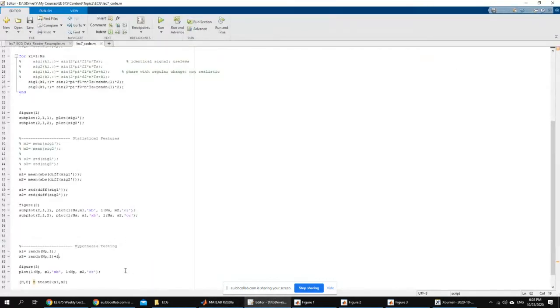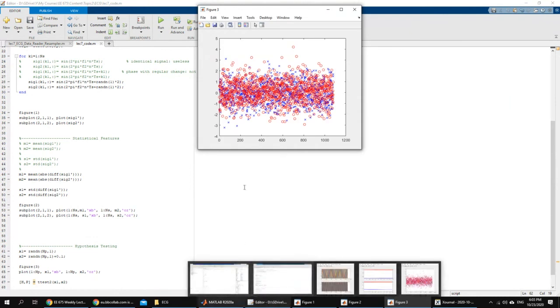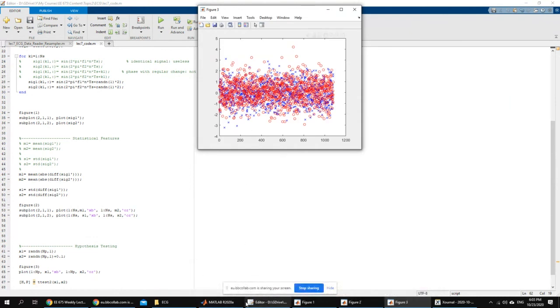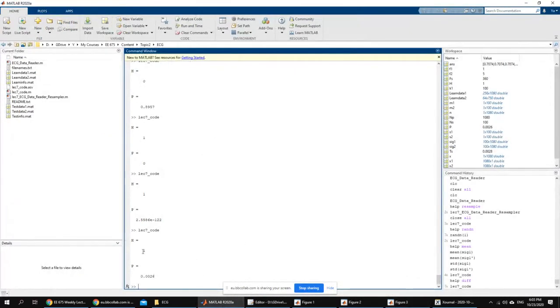Let's try to make it a little bit smaller, 0.1. See now, there is a lot of overlap here. You still have a difference because the means are still different, but the p-value now became much larger than before.